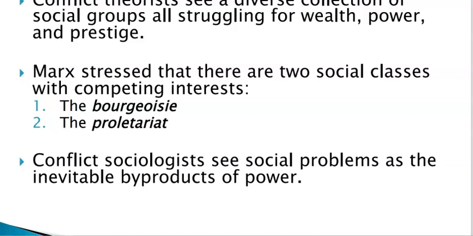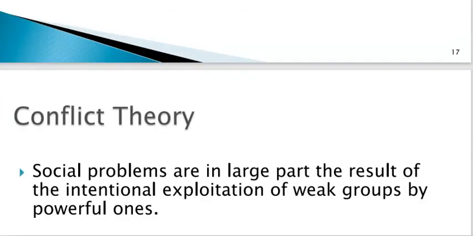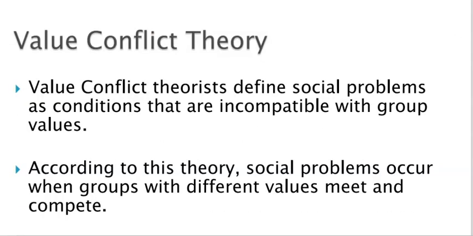Conflict theorists see social problems as the inevitable byproducts of power. Social problems are in large part the result of the intentional exploitation of weak groups by powerful ones. Sociologists use the conflict model not only on economic conflicts, but also on conflicts that have no clear economic basis, such as conflicts over values, ethics, and behavior.